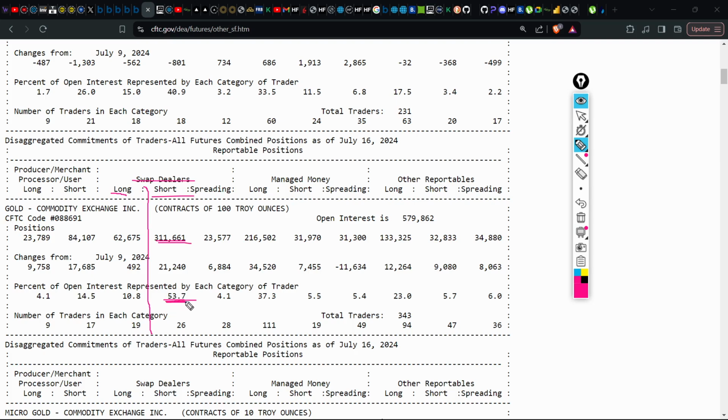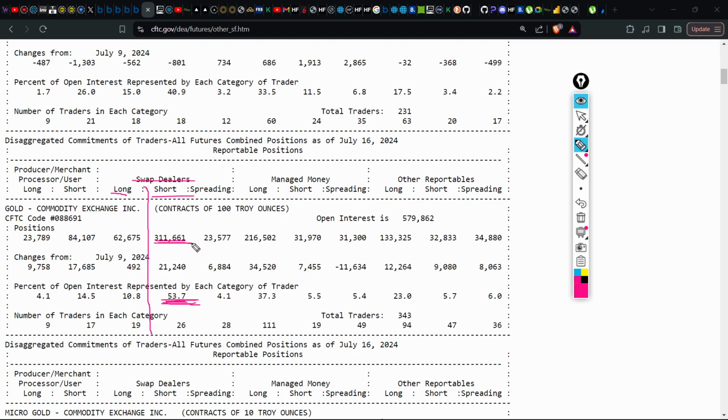Meaning most of these positions are very much open, and this is where most of the deals are. Most of the unsettled deals are short positions by the swap dealers, and you can see how many contracts these are.